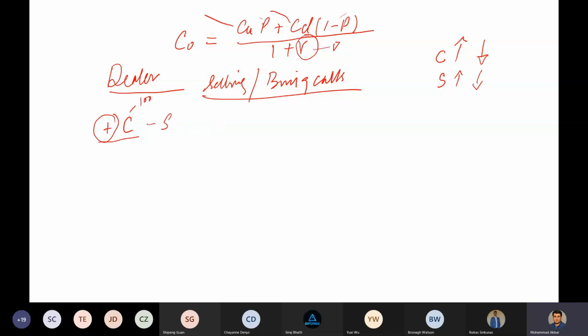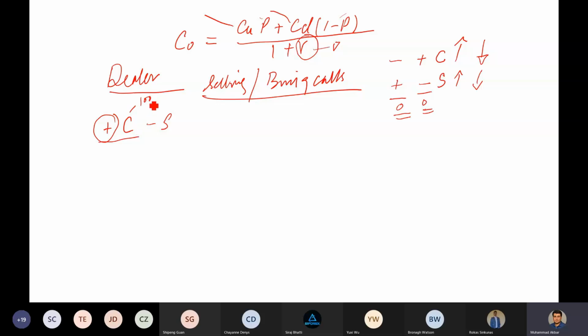Remember, the goal is that no matter what happens in a hedge portfolio, if you make a gain here, you make a loss here, and the net result is zero. If you make a loss here on the call, you make a gain on the stock, and the net result is zero. So that is the condition for the hedge, that your gains and losses from the two different positions in the portfolio, that is the hedge portfolio, are offset.